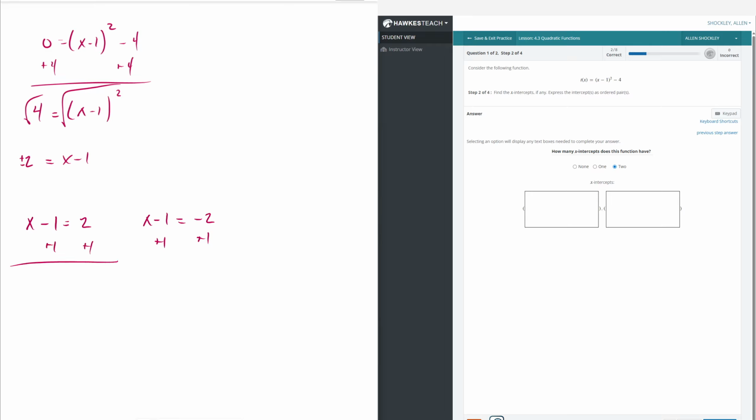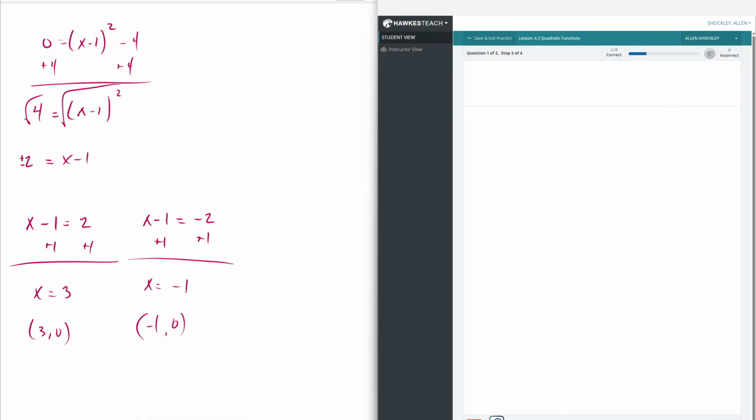Add 1. x equals 3. x equals negative 1. So I have two sets of coordinates: 3, 0 and negative 1, 0. Submit. Next. There we go.